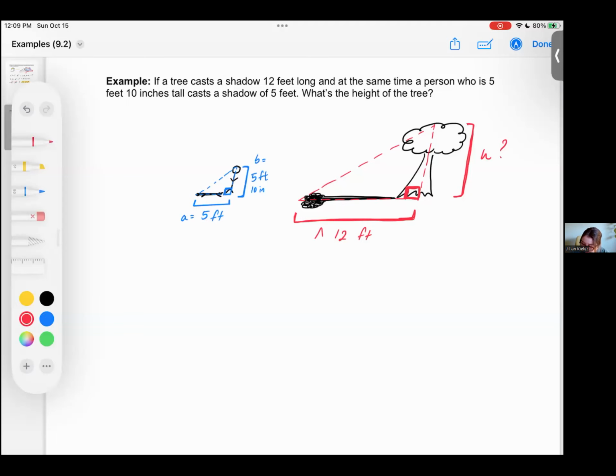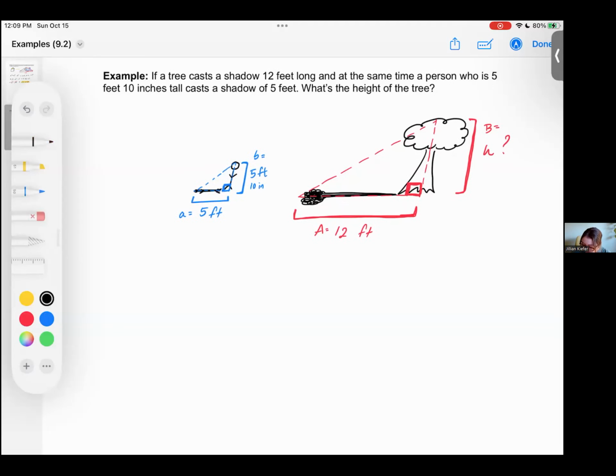Then the shadow of our tree is capital A and the height, which we don't know, is going to be capital B. We can pick whichever one, so let's do A over B.